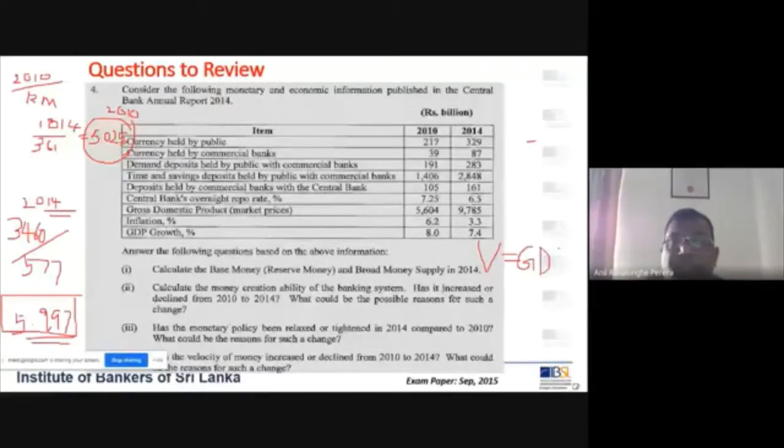Both correct. GDP divided by money supply, broad money. So if you divide this GDP at market price, that is based on current prices, by your broad money amount that we have already calculated, as I remember for 2014, broad money is 3,460. So what is the value for velocity for this year?